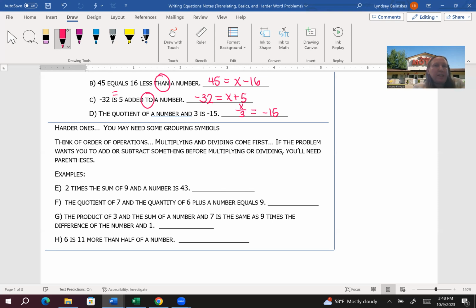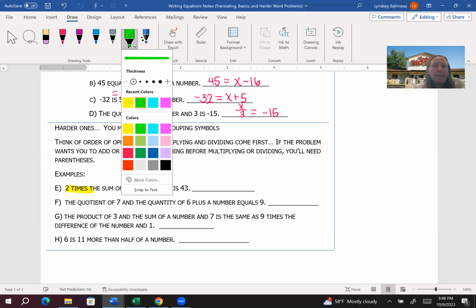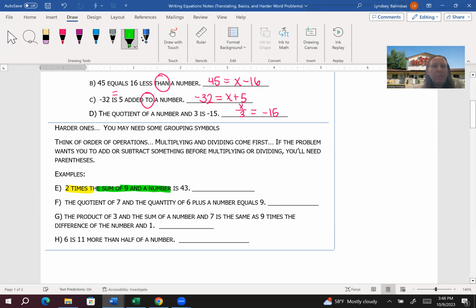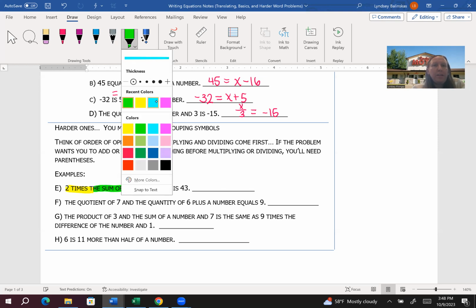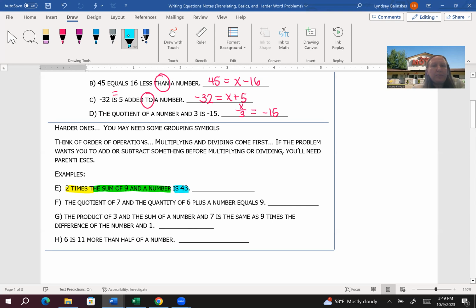Okay, I'm going to break this down a little bit and highlight. So we got 2 times. We also have the sum of 9 and a number. And then at the end, we have our "is 43." So the "is 43" is easy. Okay, "is 43" is going to be equals 43.